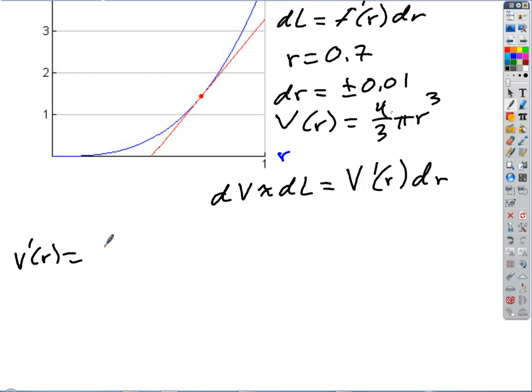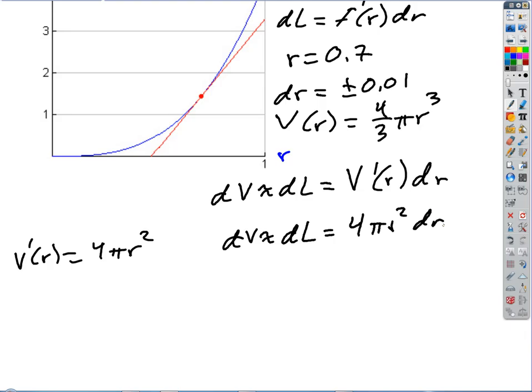So we get 4 pi r squared. So if we plug that stuff in, then v prime of r would be 4 pi r squared dr.